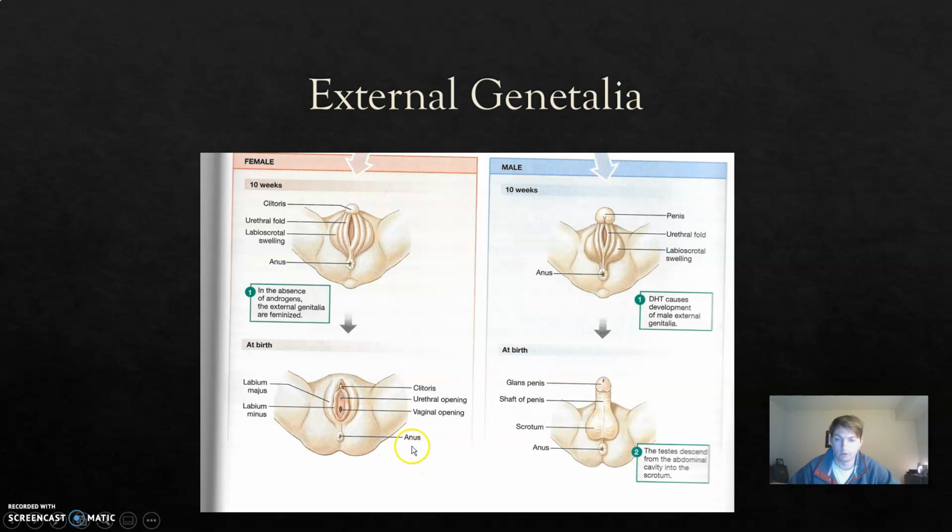And so over here for our external structure for females, we have the vaginal opening. So the lower part of the vagina is there. The clitoris. The labium majus and labium minus. So we have that thicker skin around here, that is your labium majus, and then the inner skin, the inner flap of skin, is your labium minus.